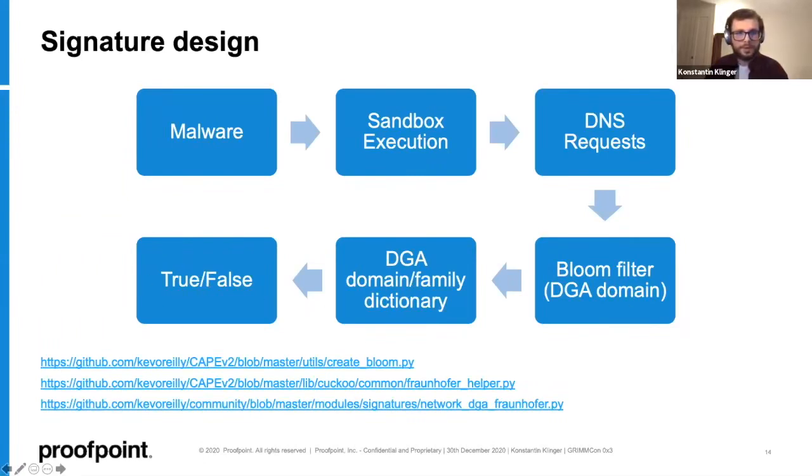If both checks are successful, then we return true, and if not, we return false. I've posted links on the slide where you can see the signature because I was able to contribute that into the CAPE v2 code, which is also available in the free community version.